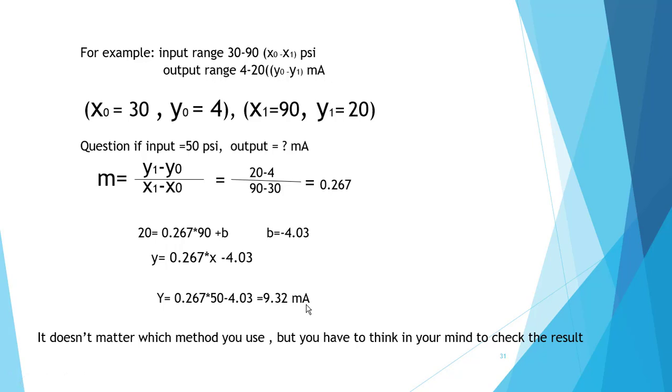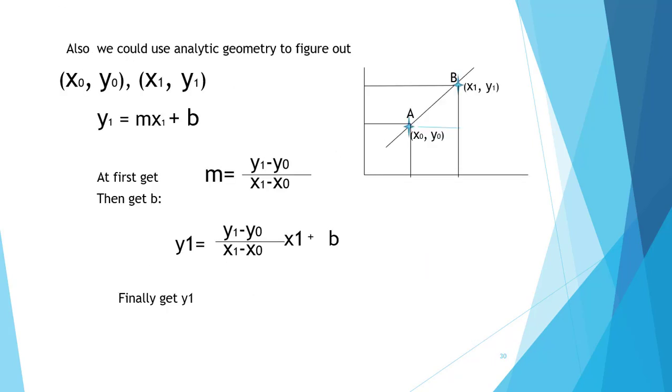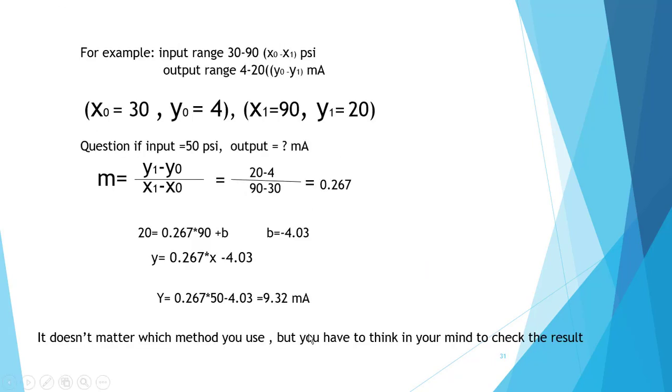Okay, these two methods, it doesn't matter which method you use, but you have to think in your mind to check the result. For example, if your final calculation result is 9.32 but you don't know if it's true, maybe your math is wrong, you should think about it.